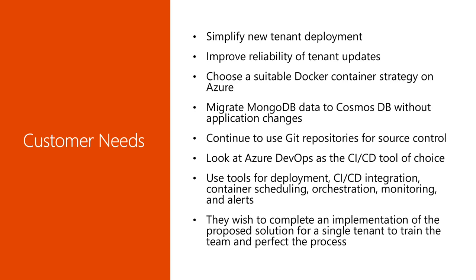But this customer is looking to modernize this into a containerized model. So they need to choose a suitable Docker container strategy on Azure. And since they are currently using MongoDB, they're looking at changing it to Cosmos DB without any application changes.